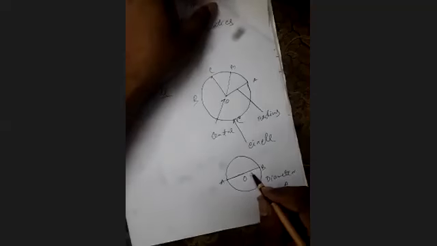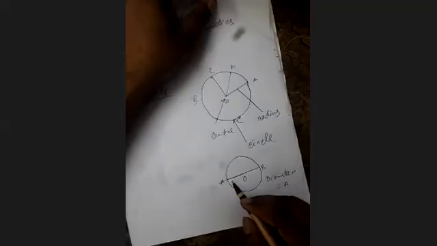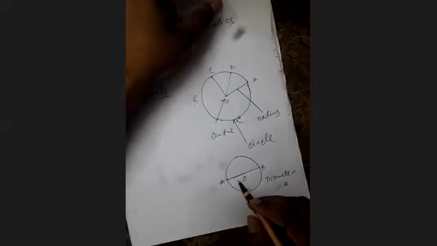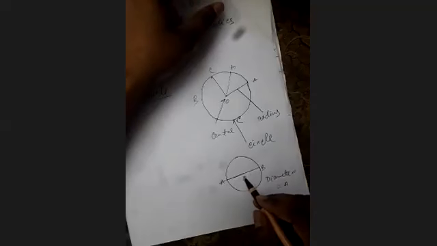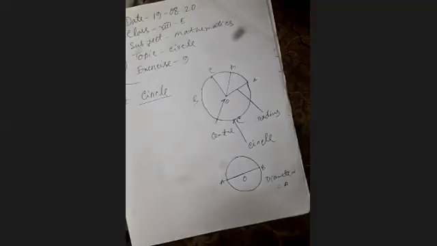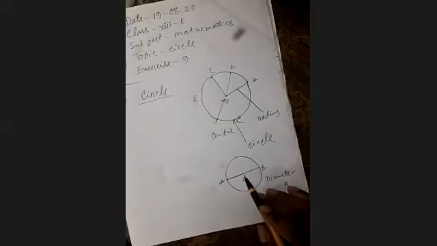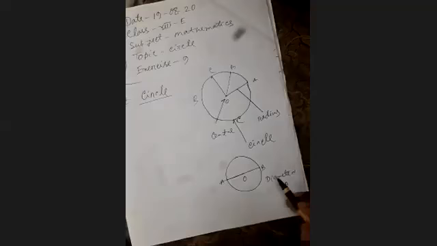If any straight line passes through the center and touches any two points on the circle, it is called the diameter. The diameter is double the radius, or the radius is half of the diameter.